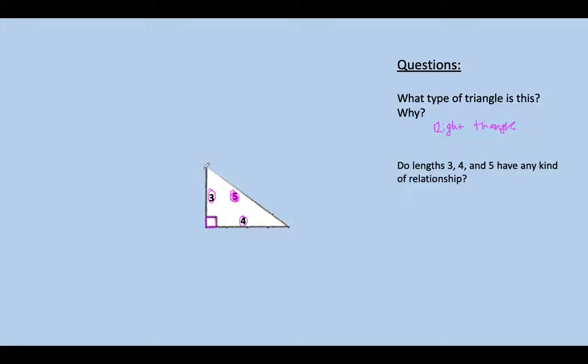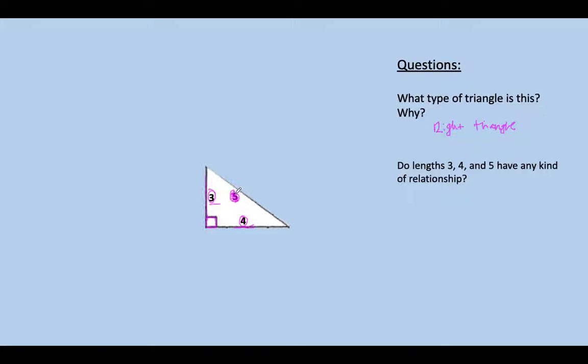Based on the fact that this side is 3, this side's 4, is there any way for me to get to 5? And don't say add 1 to 4, because that's not the answer. Let's see. Well, if we said 3 plus 4, that'd be 7, which is not 5. If we said 3 minus 4, that's -1. 4 minus 3 is 1.